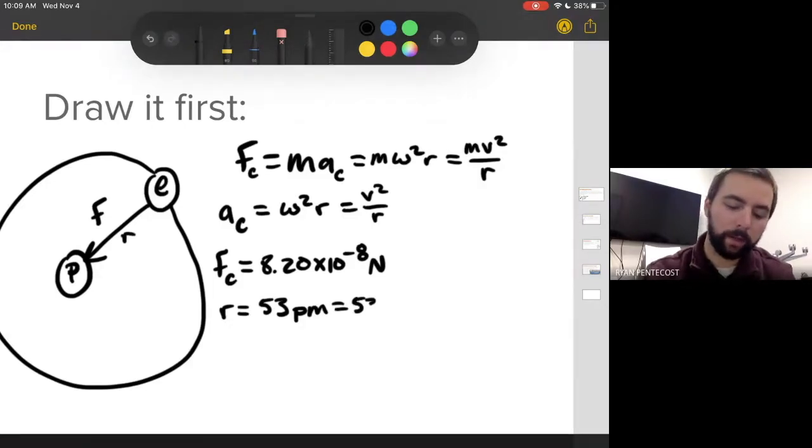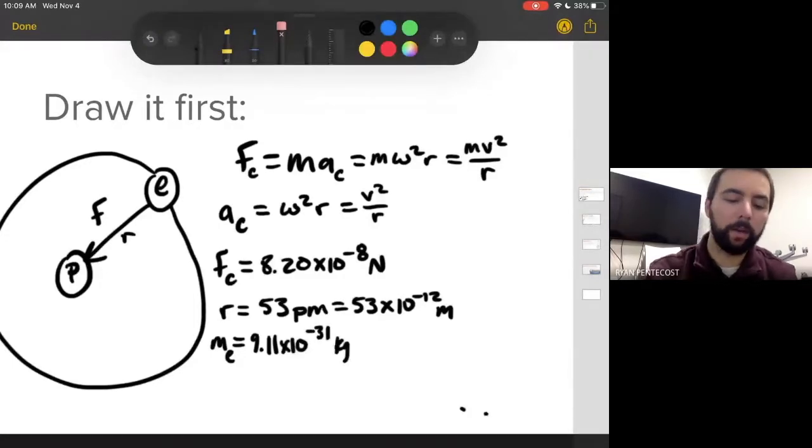Pico is 10 to the negative 12, so we can say that is 53 times 10 to the negative 12 meters. And last, we have the mass of the electron. This is a fundamental constant in physics that if you continue physics, you will run into quite often, but that's 9.11 times 10 to the negative 31st kilograms. So we have all of this information.